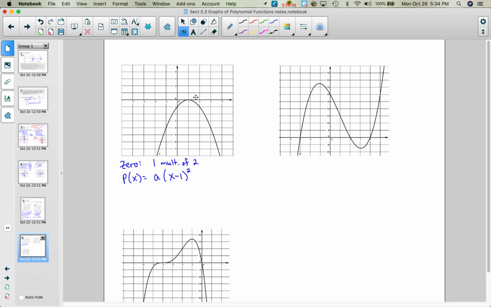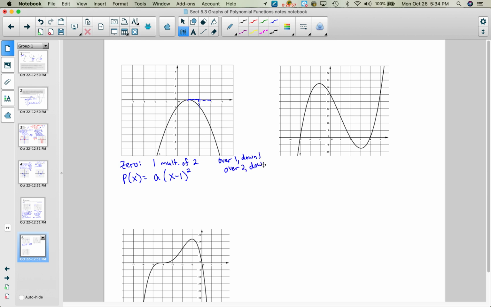So notice that if I look at my graph and I go over 1, I go down 1 from the vertex. And if I go back to the vertex and I go over 2, I go down 4. So over 1, down 1, over 2, down 4.